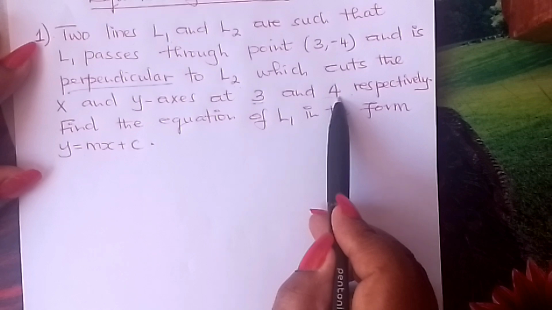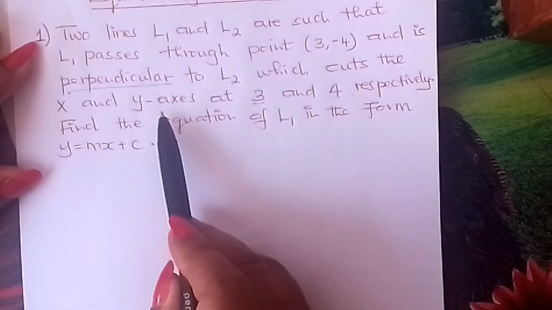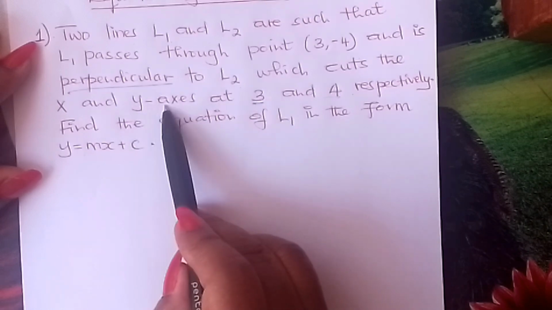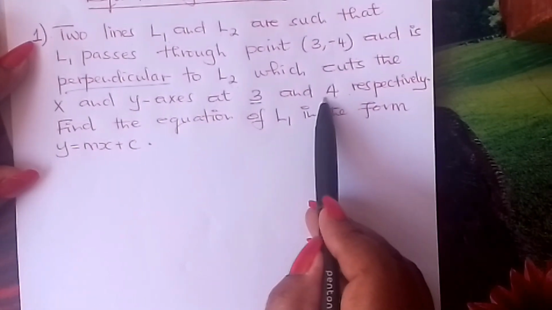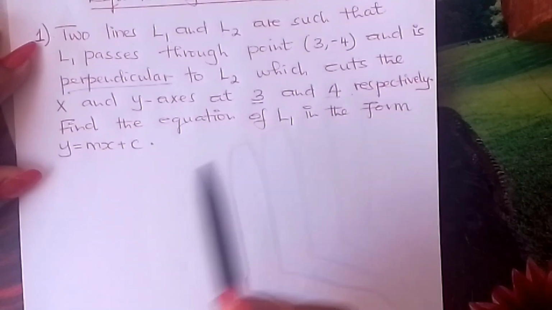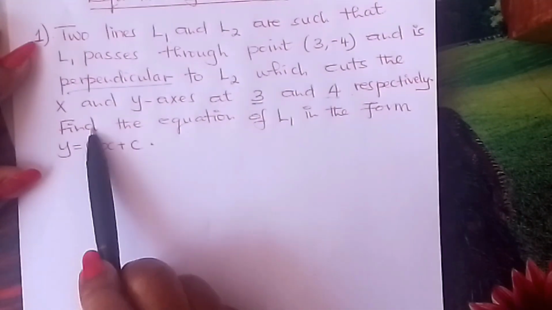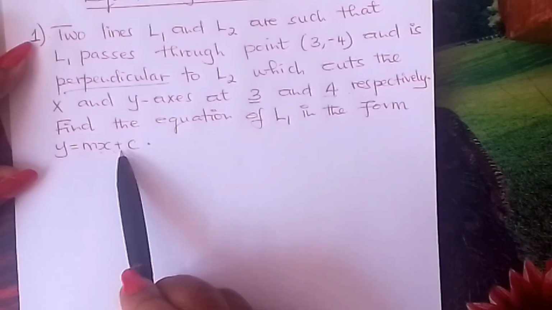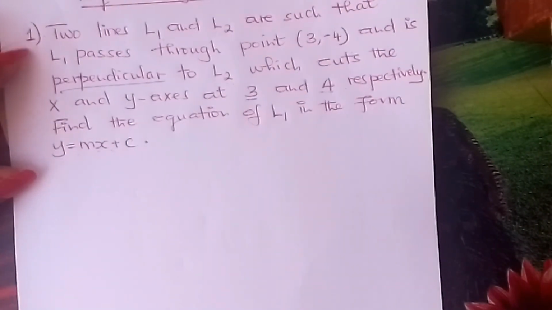That is, those are things to do with intercepts. The x-intercept of L2 is 3 and the y-intercept of L2 is 4, respectively. Find the equation of L1 in the form y = mx + c.